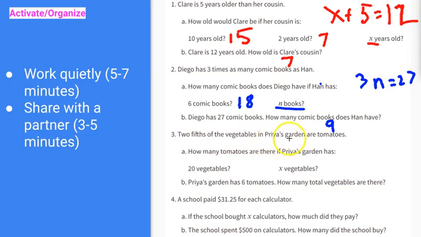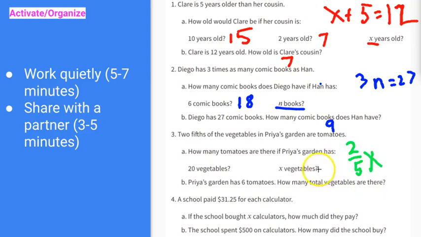2/5 of the vegetables in Praya's garden are tomatoes. How many tomatoes are there if Praya's garden has 20 vegetables or X vegetables? Let's look at the variable one here. Yeah, so it's 2/5 of however many vegetables there are.